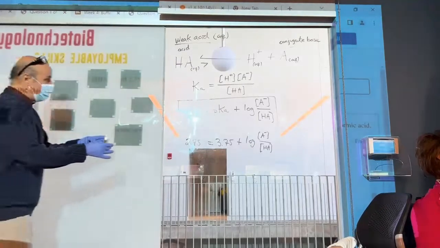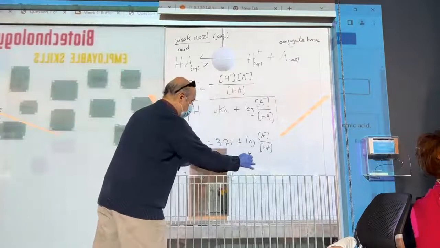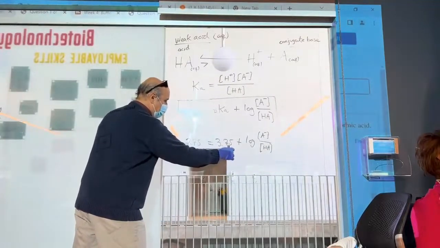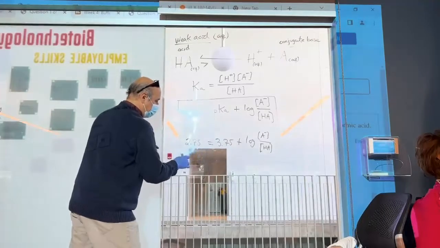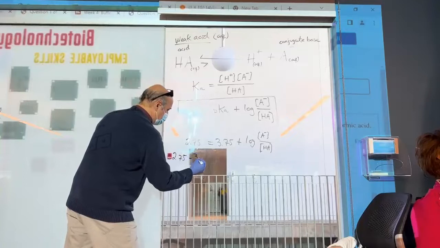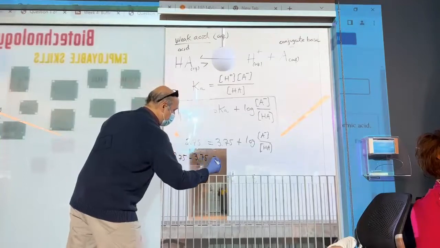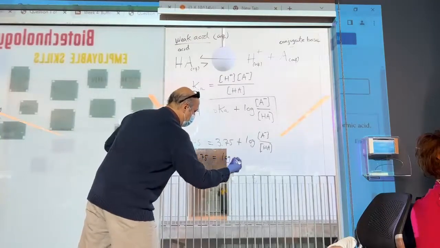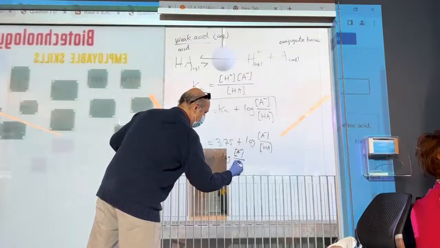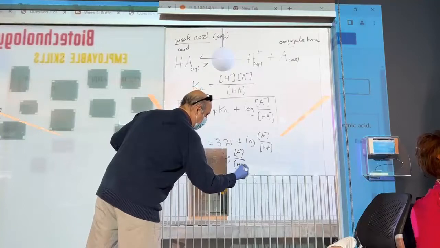Well, let's manipulate what we can to simplify this. If I move this to this side, I'm going to have 2.75 minus 3.75 equals log of A minus over HA.